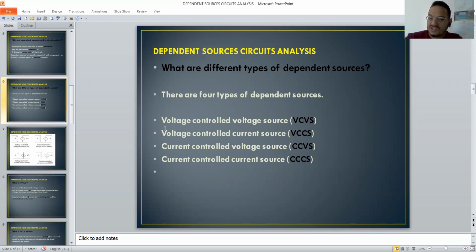Let's start with voltage. Here will be V in both of them. Voltage controlled voltage source. The next one, voltage controlled current source. Current controlled voltage source. Current controlled current source.